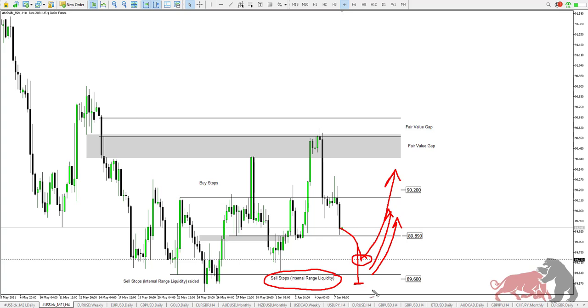Further weakness, probably going into Tuesday, thereby creating the low of the week, before we see another move to the upside from 89.89 or 89.73. So this is my analysis regarding dollar index.